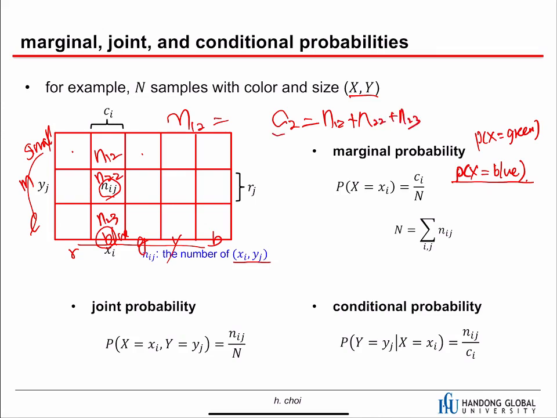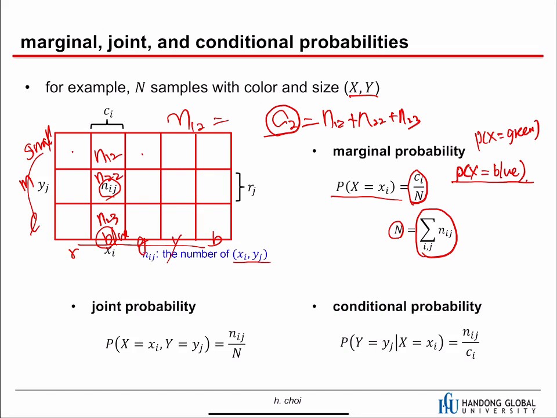Okay, so we can get this number, and the ratio of this is actually the probability that x is blue. In this case, we don't care about the size of the samples. And the n is the sum of all the samples from the cells.